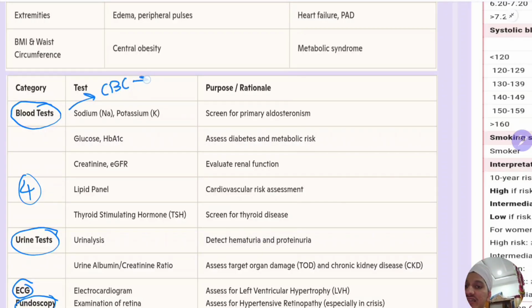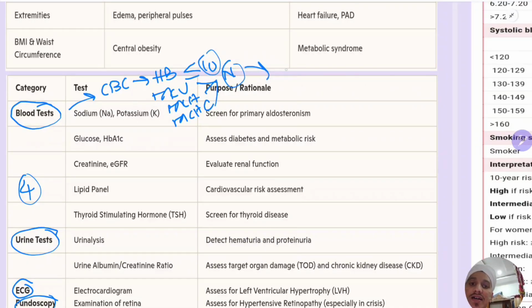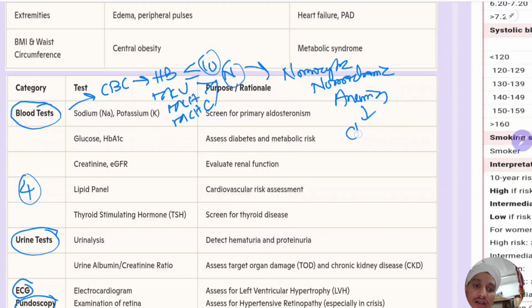Why CBC? In CBC, if you see that the hemoglobin is equal to or less than 10, and MCV, MCH and MCHC are all in the normal range, then this is called normocytic normochromic anemia. Normocytic normochromic anemia is a feature of chronic kidney disease, CKD.